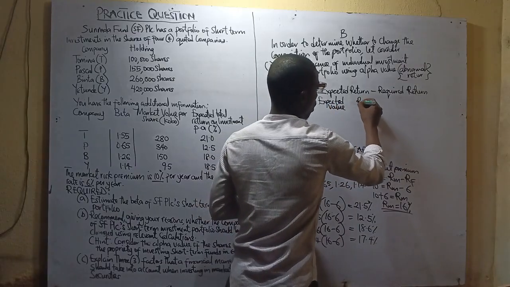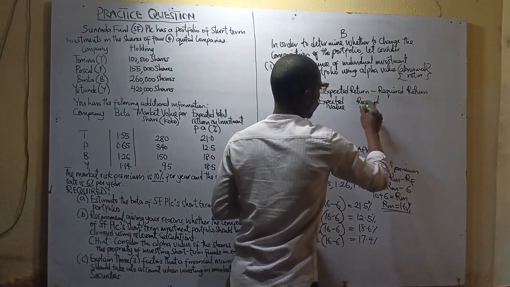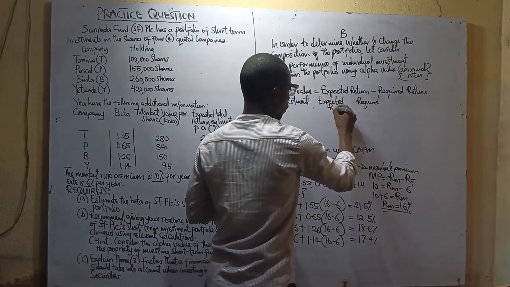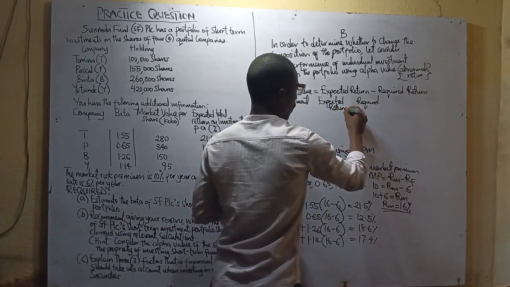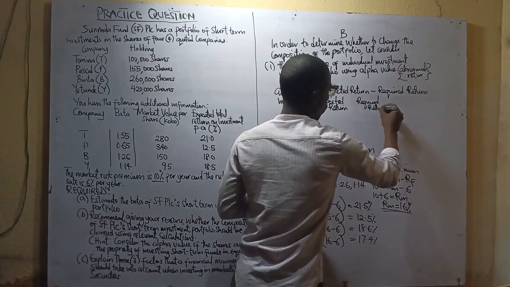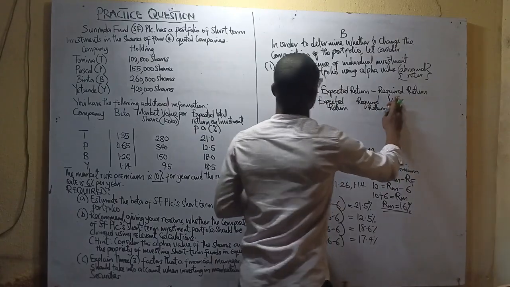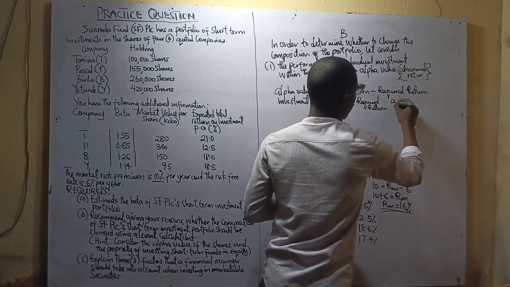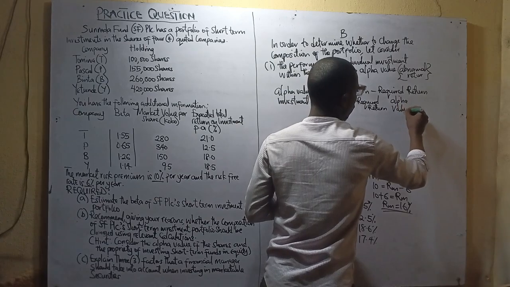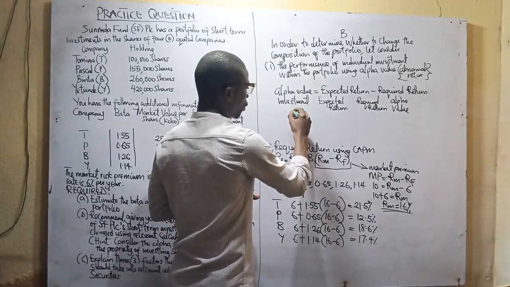We have the required value. Required expected return and required return, and we have our alpha value. Now let's go to the first investment, which is T.